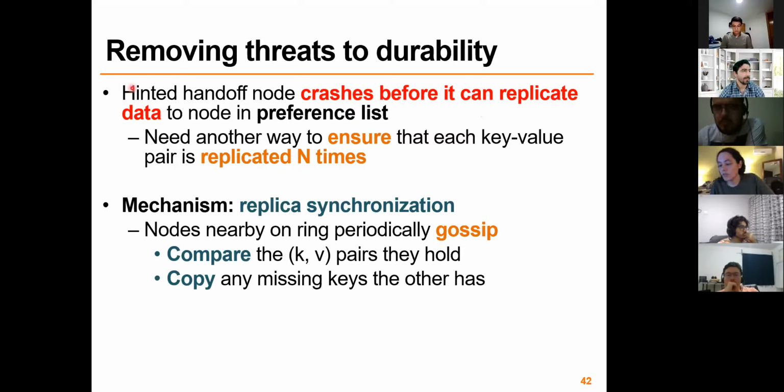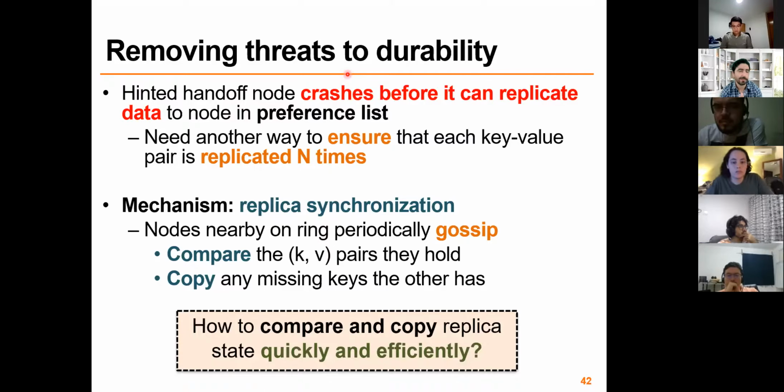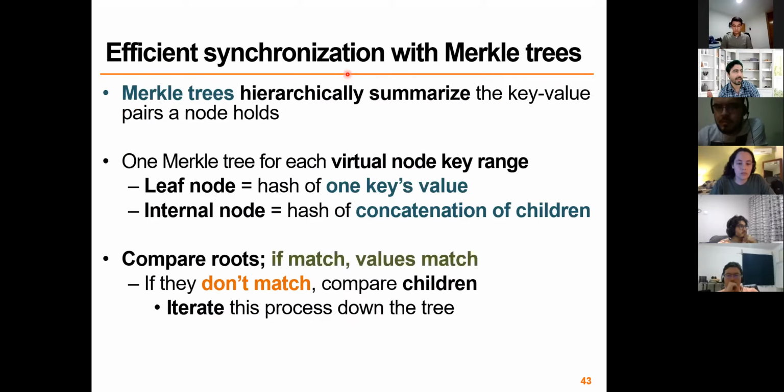Now about replica synchronization: at the end, you want to have the same data in different replicas when they come back to the system, to the operations. How do they do that? They use Merkle trees. They talk about what Merkle trees are. It's basically a tree of hash values. Merkle trees hierarchically summarize the key-value pairs a node holds.